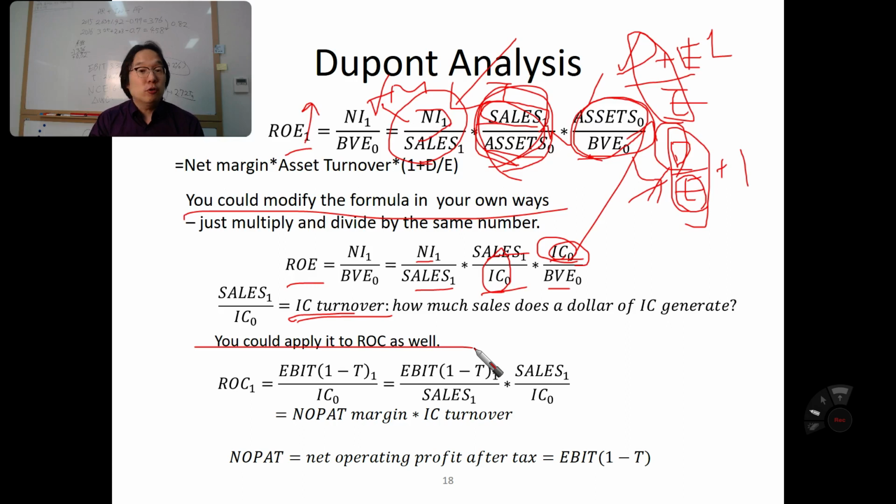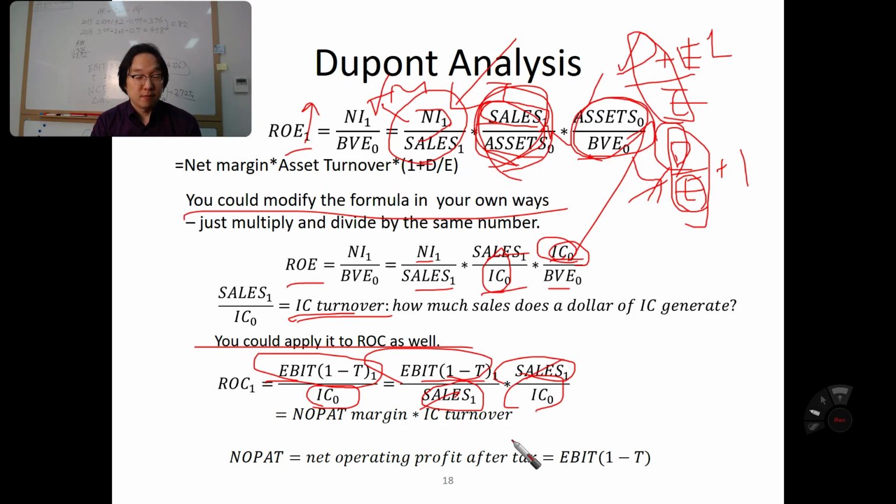Now, you could apply this kind of decomposition analysis in the ROC setting as well. How? Well, let's start with the ratio, which is NOPAT divided by invested capital. Then separate it out. Multiply and divide by the same number just one time: sales.